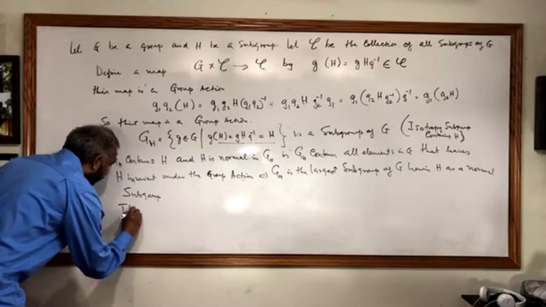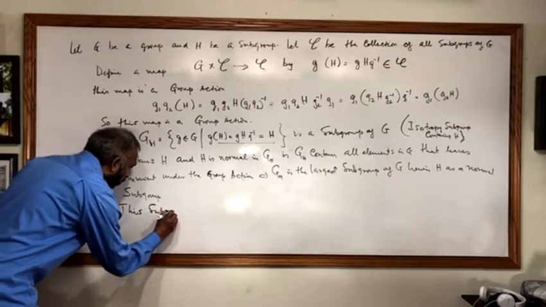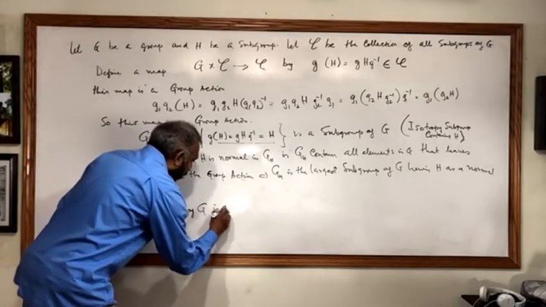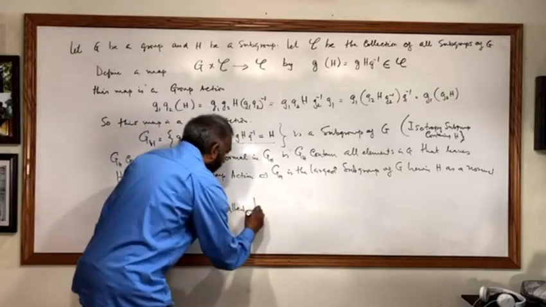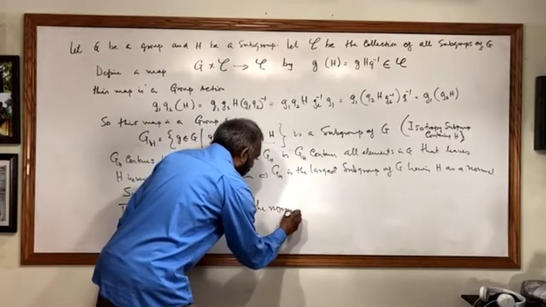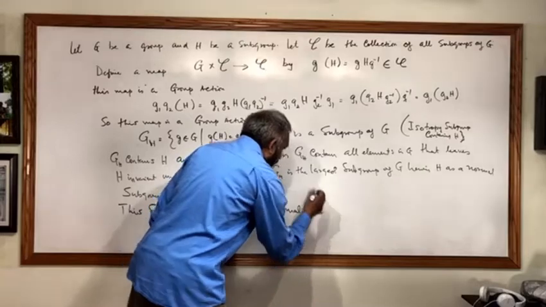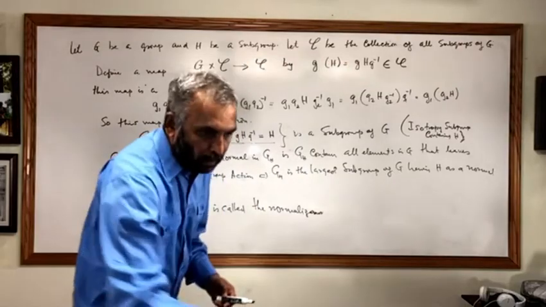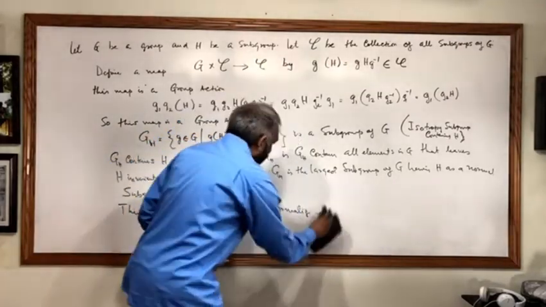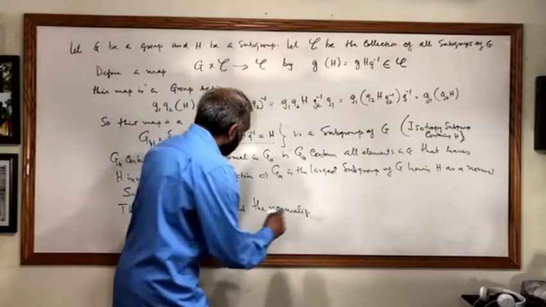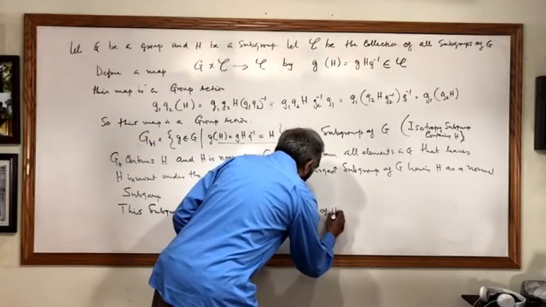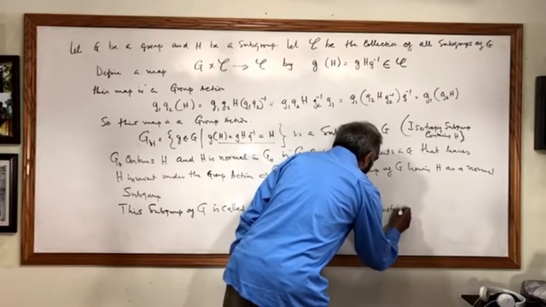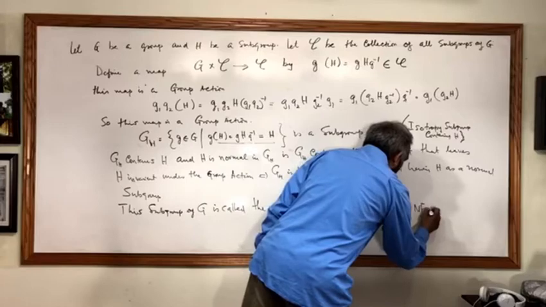This subgroup of G is called the normalizer of H and is denoted by N[H].